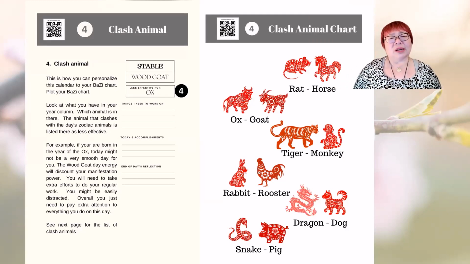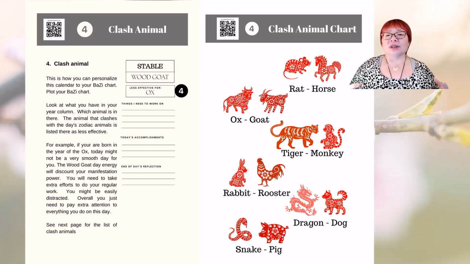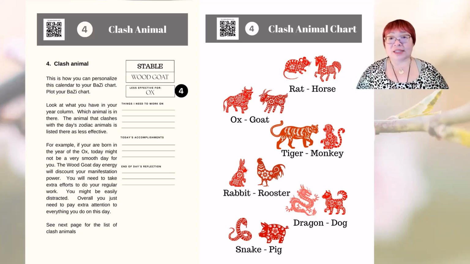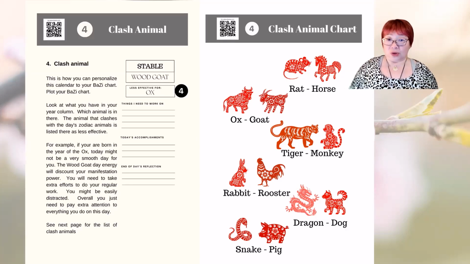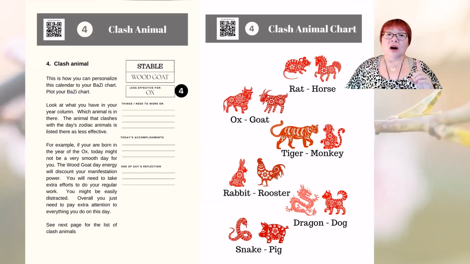And I wouldn't say mortal enemy exactly, because each animal contains different energies, and basically the energies within those animals are clashing with each other. For example, the rabbit and the rooster clash. These are the clash pairs: rat and horse, ox and goat, tiger and monkey, rabbit and rooster, dragon and dog, snake and pig.